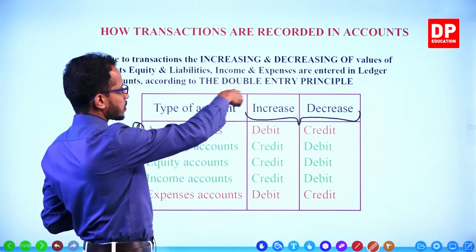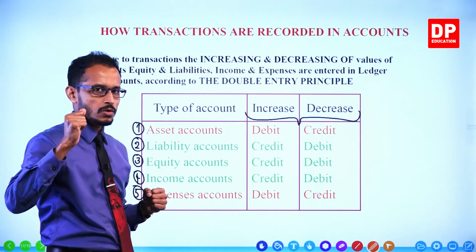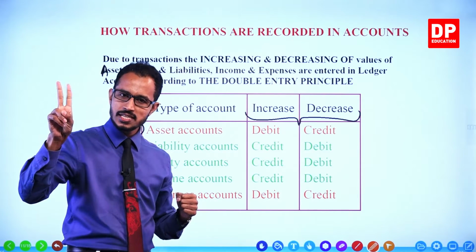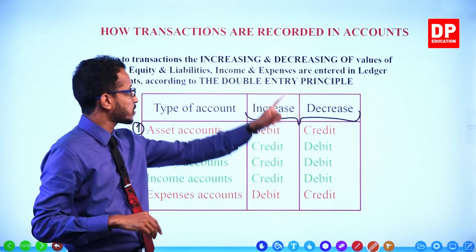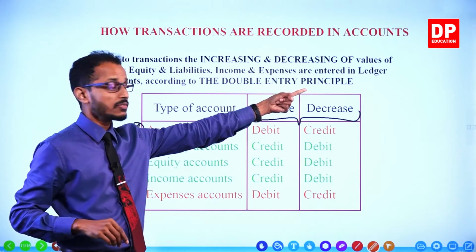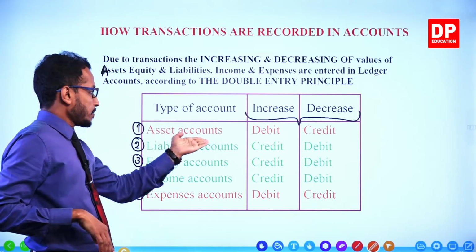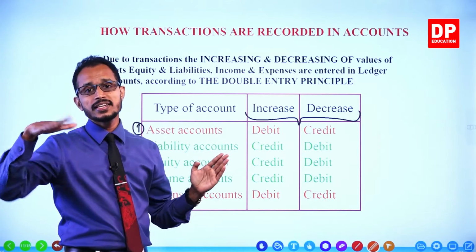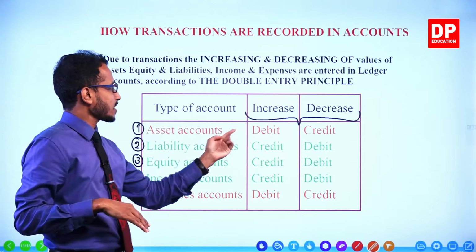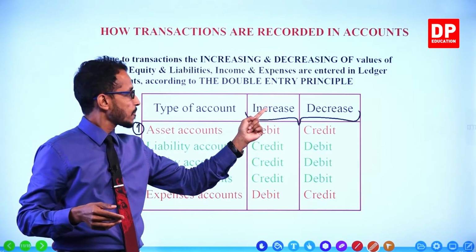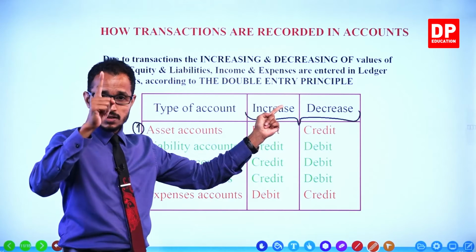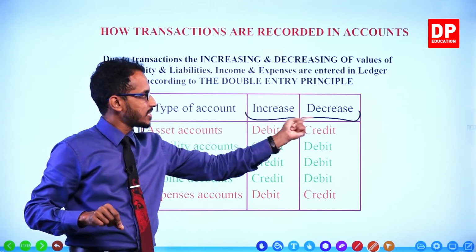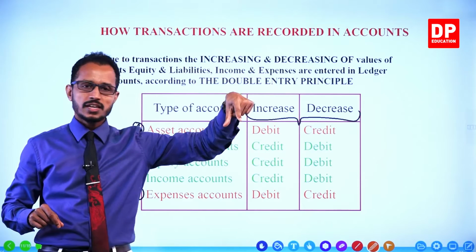According to that rule only, you record these transactions and double entries of transactions in these accounts, according to the double entry principle. The double entry principle says, if an asset account increases, it must be debited. That increasing value should be put to the debit side. If the asset decreases, that decreasing value should be put to the credit side.